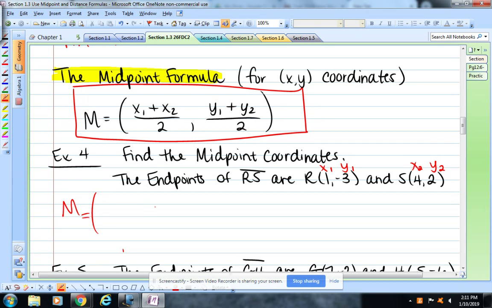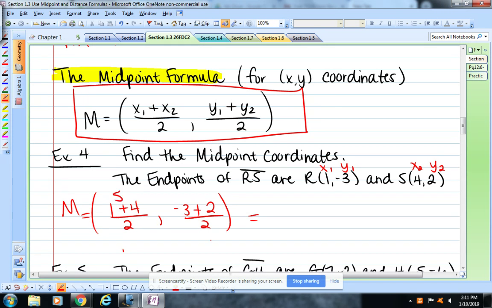So, what is my x1 number? 1 plus, what's my x2 number? 4, and I'm going to divide that by 2. Okay? Comma. What's my y1? What's y2? I'm going to divide that by 2. Well, this one's not very pretty, because what is 1 plus 4?